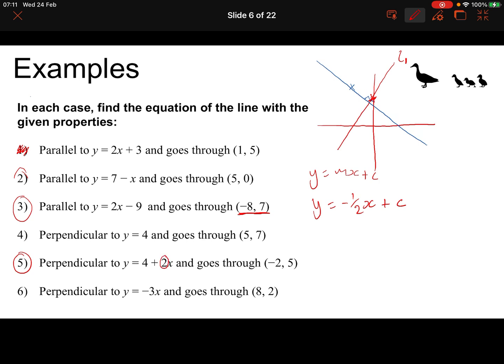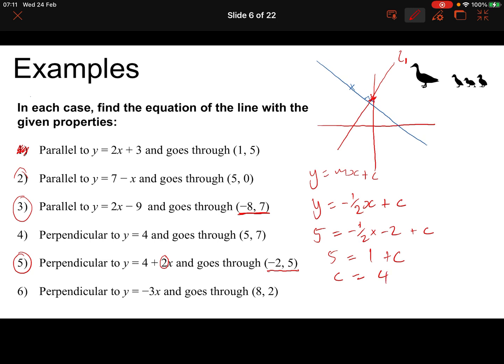The negative reciprocal of 2 is minus a half. And again, I know a point that it's going to pass through, so I substitute that in. If y is 5, x is negative 2. So 5 equals 1 plus c. So c is equal to 4.